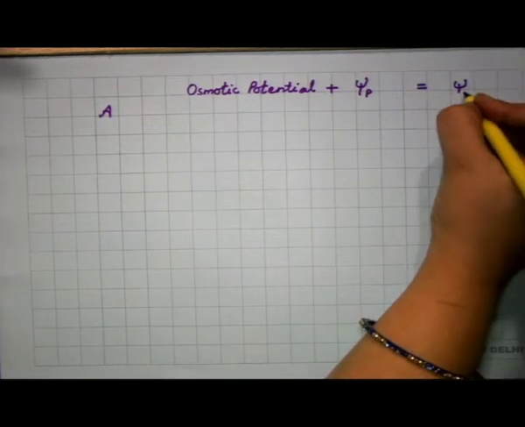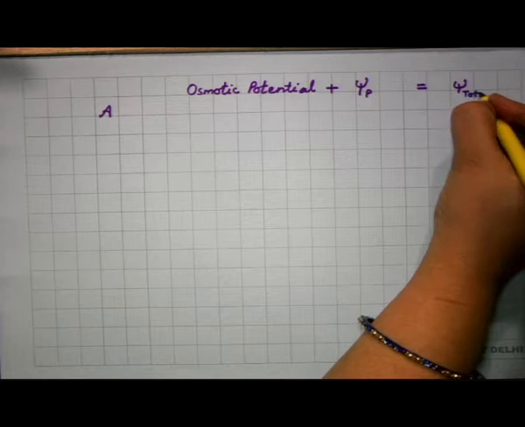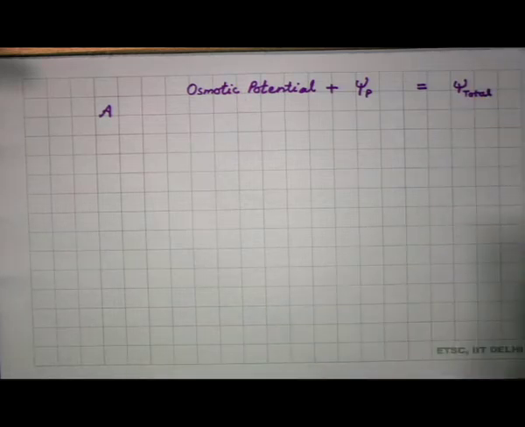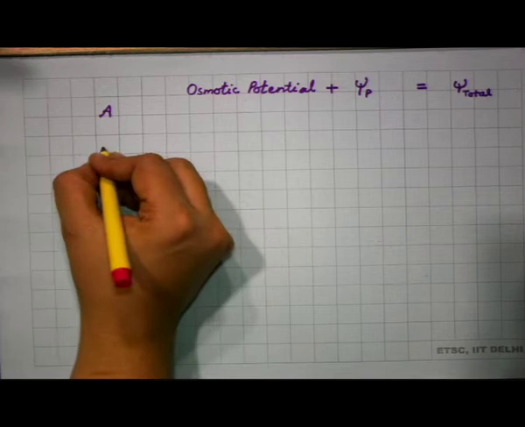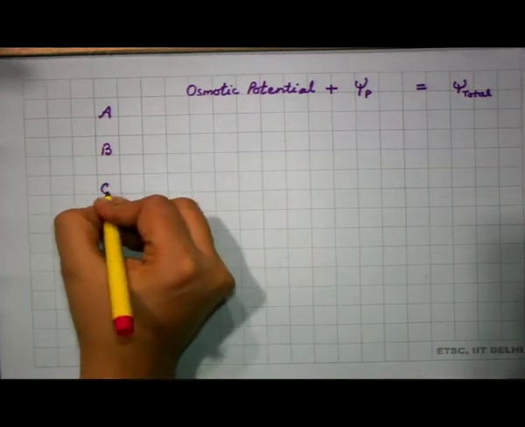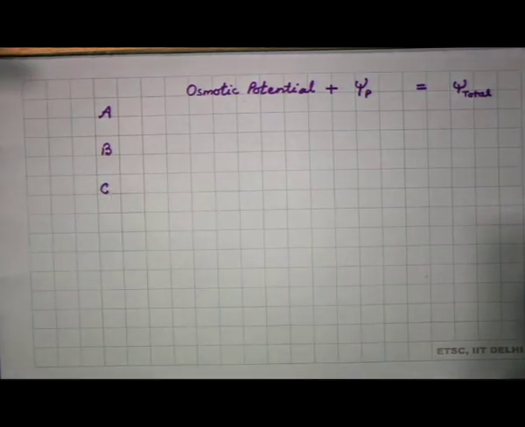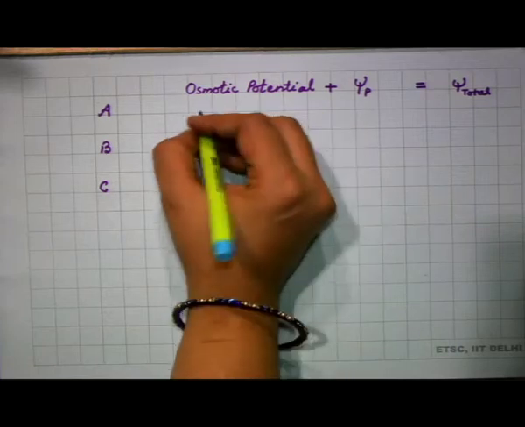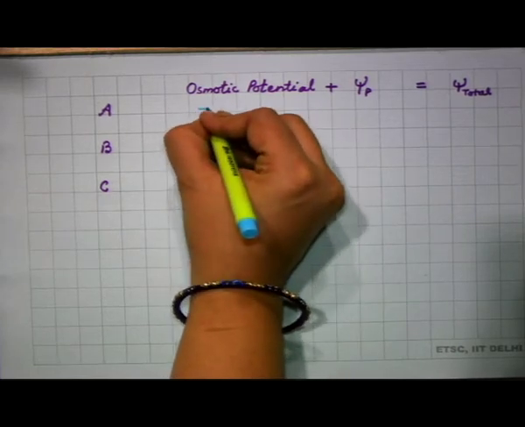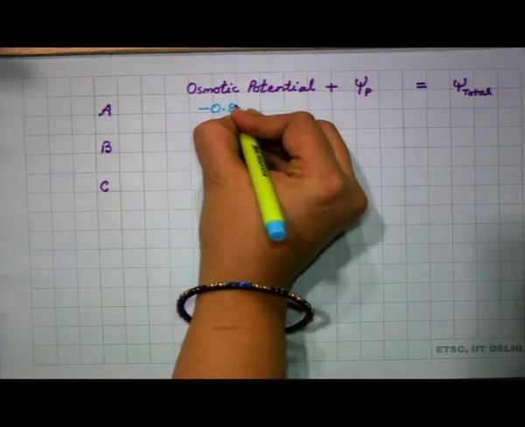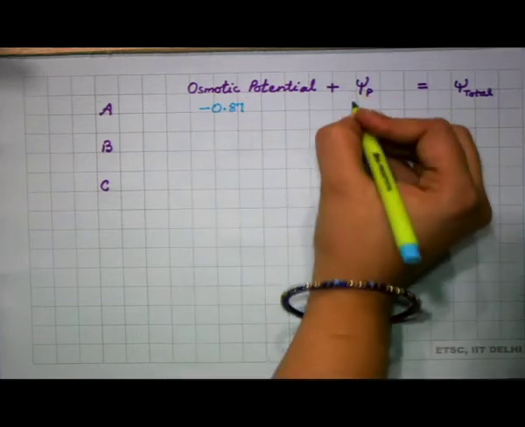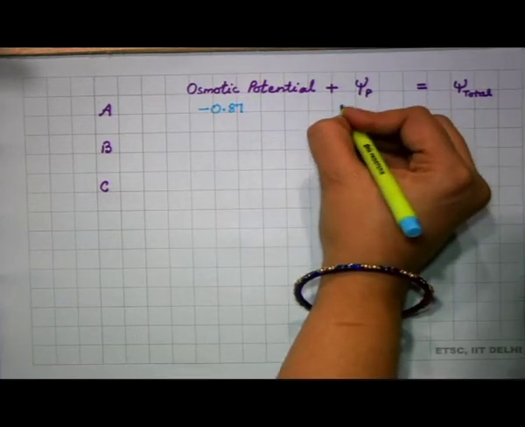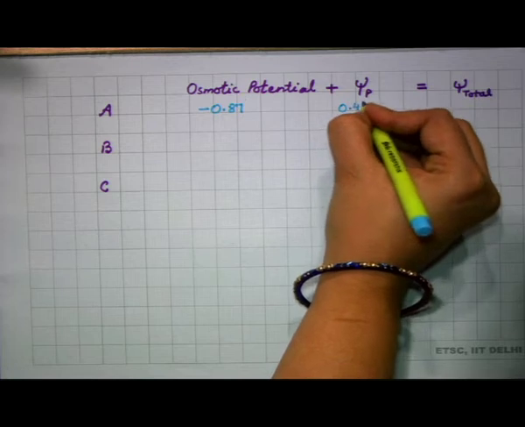Why do we need to calculate the total water potential? Because only then will we get to know the direction of the flow of water, because we know that water flows from the region of its high water potential to low water potential. So, for cell A, the osmotic potential is given to be negative 0.87, while the pressure potential is positive 0.44.